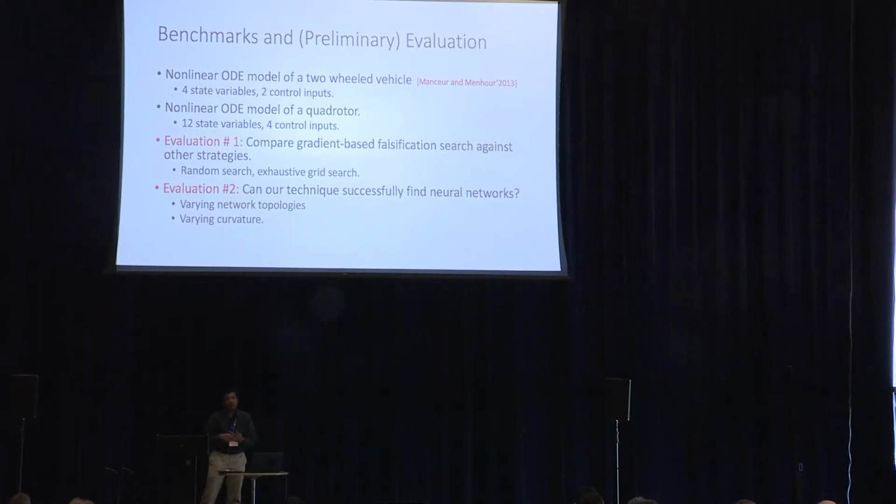There we found that our gradient-based falsification search was really good at finding falsifications, much better than other techniques we tried. And we also tested our system end-to-end to see if it could successfully train neural networks with varying network topologies against trajectories where we varied the Gaussian curvature of the trajectory as a measure of how difficult it would be to move the vehicle along the trajectory.